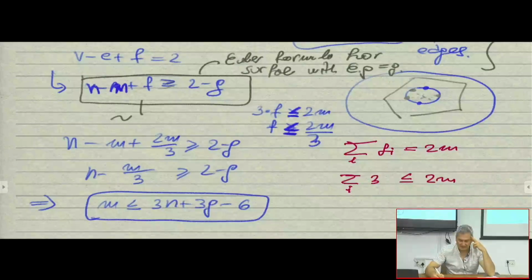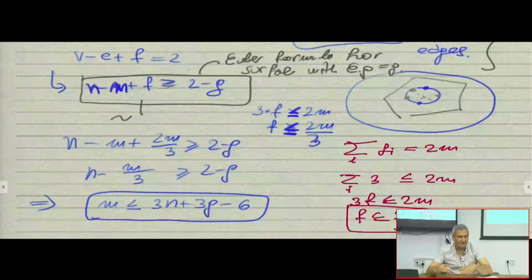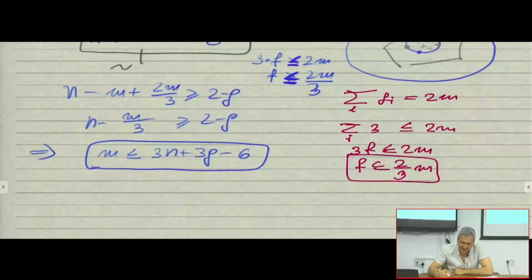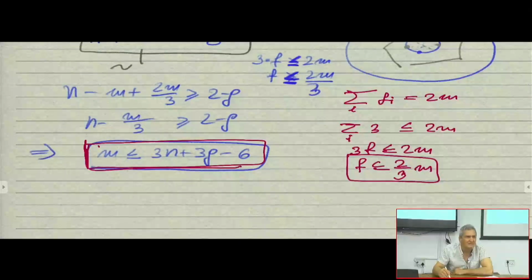So 3F is at most 2M, F is at most 2M over 3. Are we happy? I'm speeding up because we are running out of time. This was something we did the first day, and we get this. Do we agree up to here?